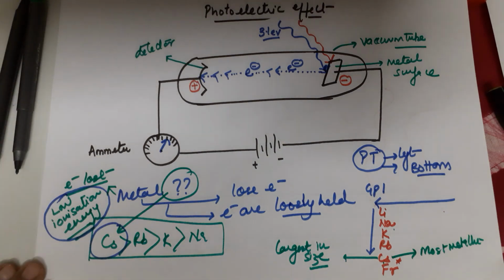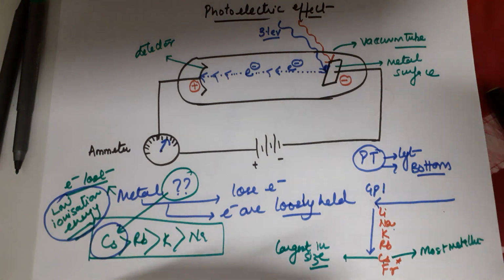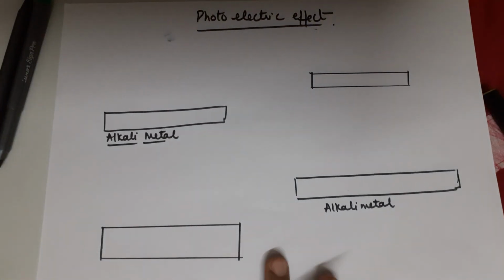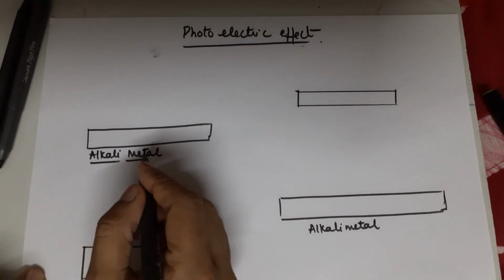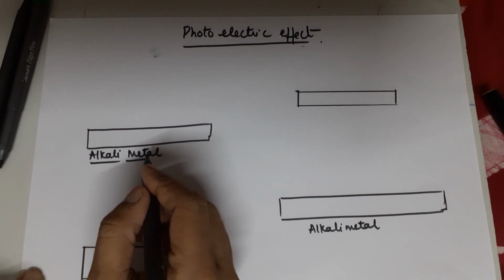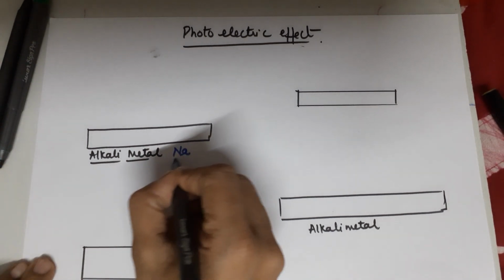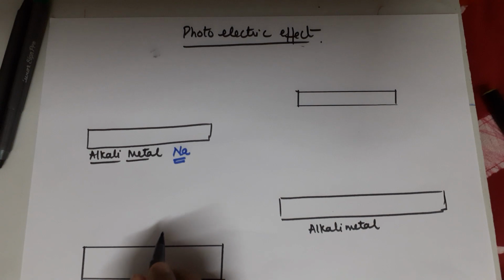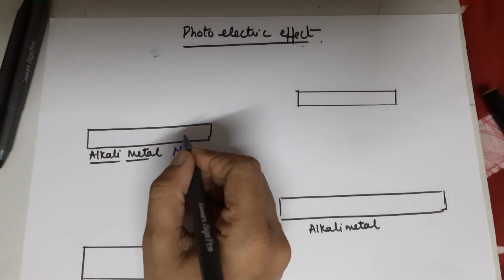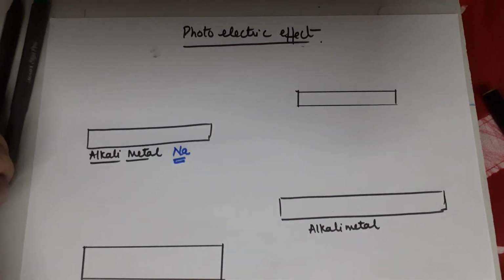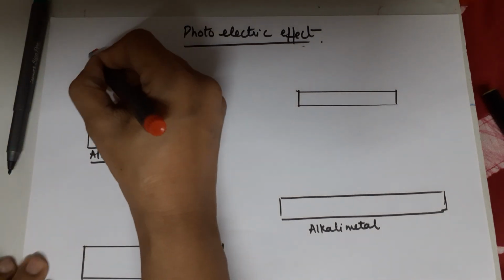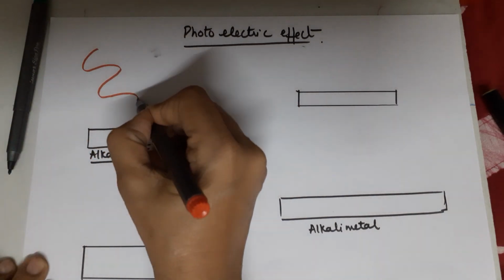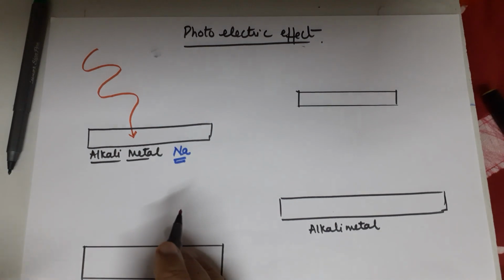Now, moving ahead, let us talk about photoelectric effect further in detail. Now, I have taken metals. Let this particular metal be sodium. When I talk about sodium, it was found that if I use red colored light, red light, bada wavelength, and hit the sodium metal surface, there is no electron released.